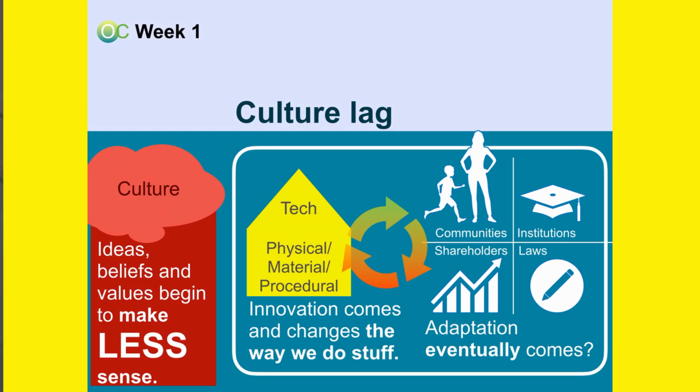Culture lag is something we experience because technology exists. It could have been technology from 100 years ago, 200 years ago, today, tomorrow. There's a relationship here, and culture is never stable, never static. It's never in stasis. It's always moving.